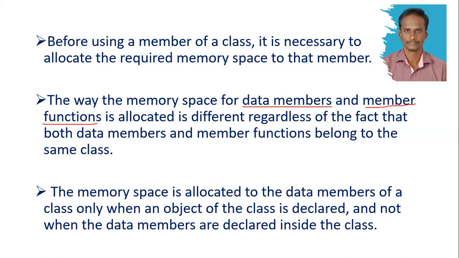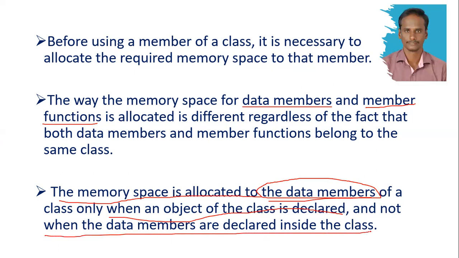And the memory space is allocated to the data members of a class only when the object of the class is declared. Look once again: the memory space is allocated to the data members of a class only when an object of the class is declared, and not when the data members are declared inside the class.